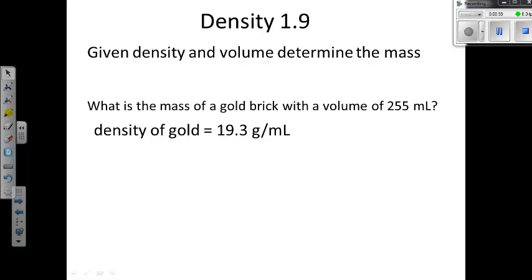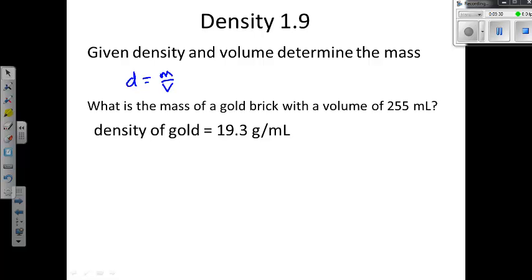Okay. Let's see if I got the calculator here. Going to need it very shortly. So given density and volume, determine the mass, right? So I know that density is mass per volume, but now I want to calculate the mass. So how am I going to do that?